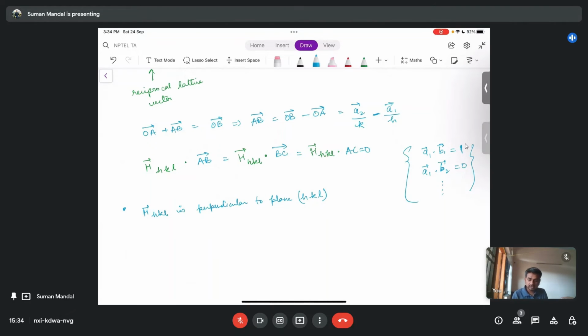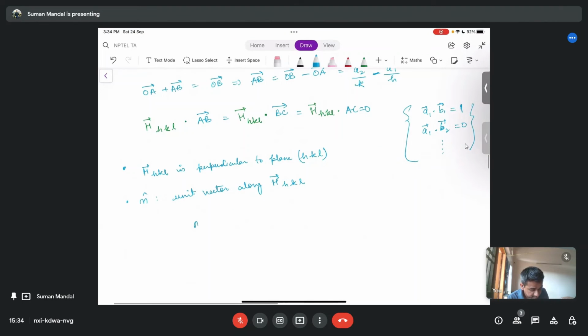And to find out the magnitude, so if n star is the unit vector along HKL, we can write it as the magnitude of the vector divided by the magnitude of the vector.